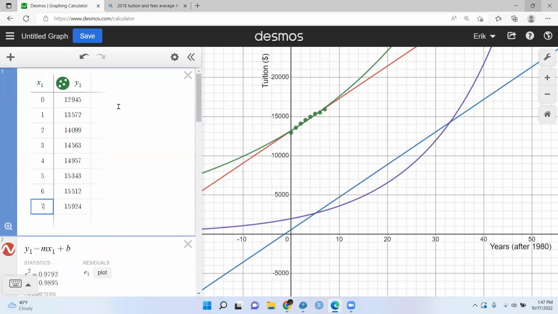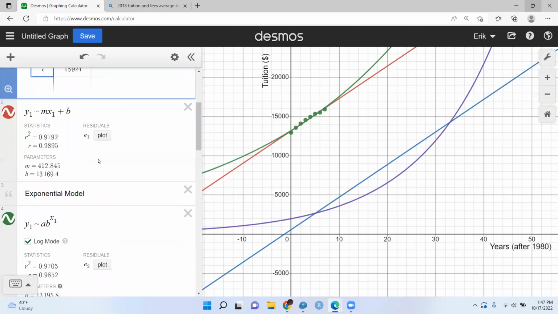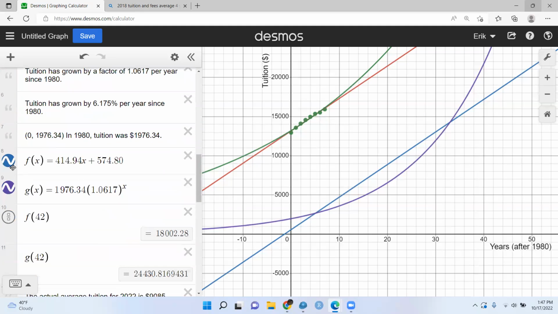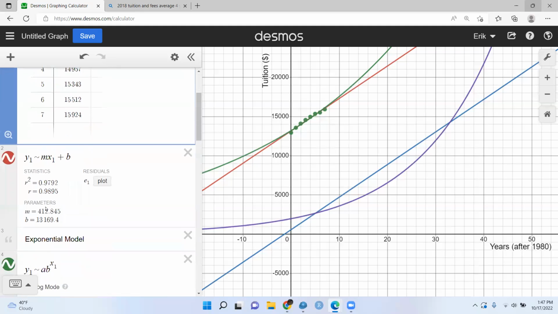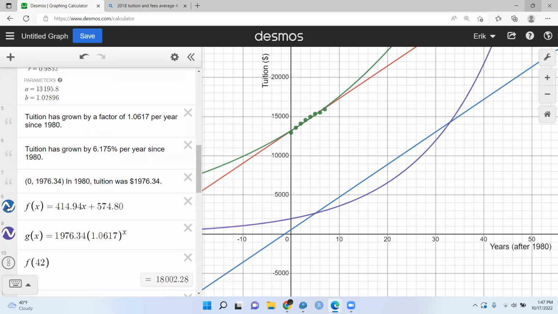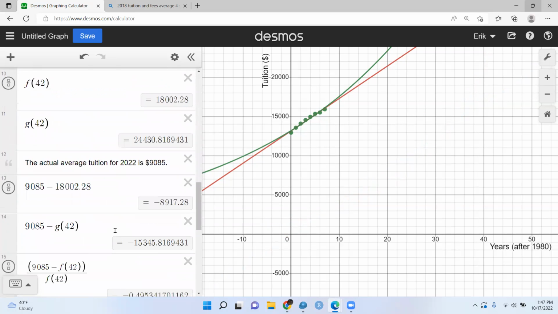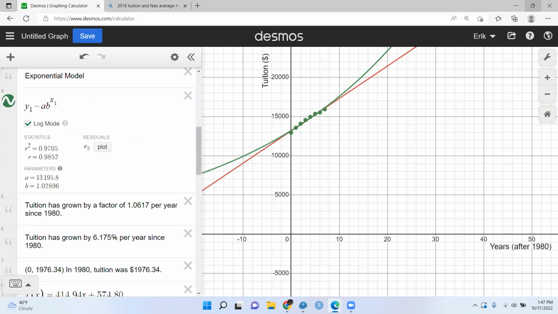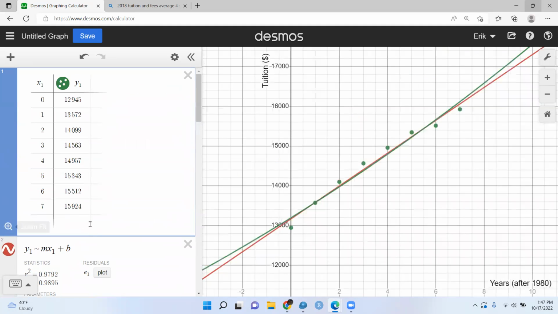Now, because I left everything in here, these are the new models. I need to hide these because these two function models are no longer valid. In fact, we're going to want to rewrite them in a second, which we will, and then it'll redo all the calculations for us.